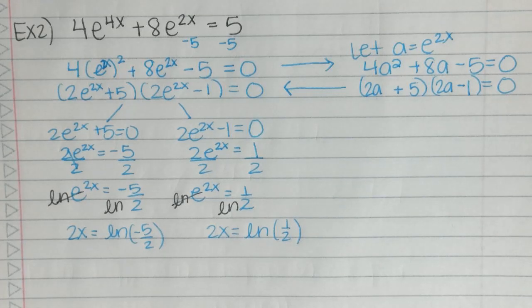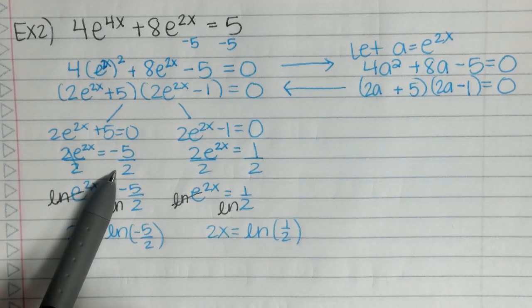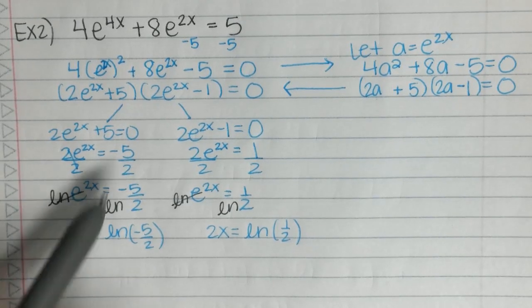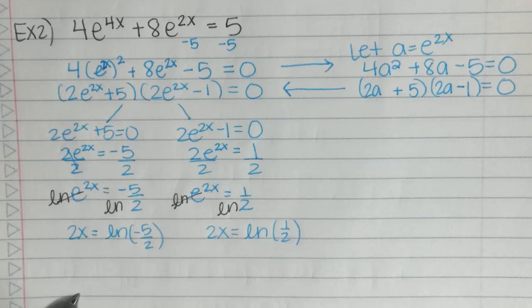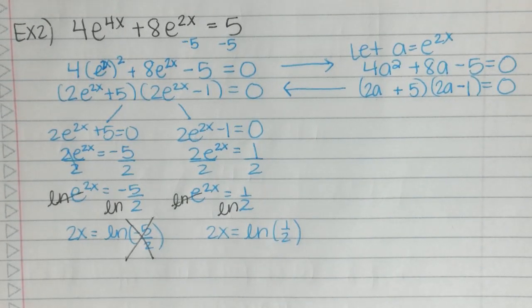What do we notice? There's a negative. Can we take the natural log of a negative number? No. So what I was kind of hoping you did notice up here, and it's okay that you didn't, but if you get a negative number right here, you could have saved yourself like ink. You didn't have to do all this because right off the bat, it's not going to work because you cannot take the log of a negative number.